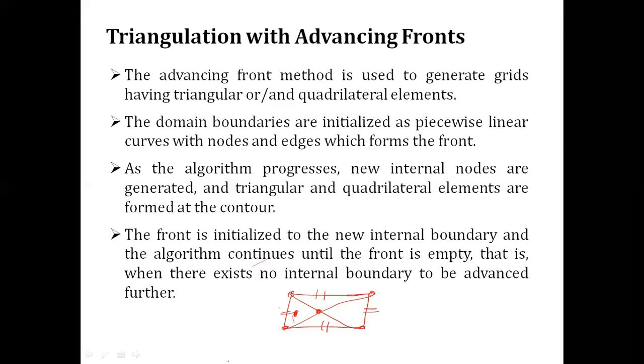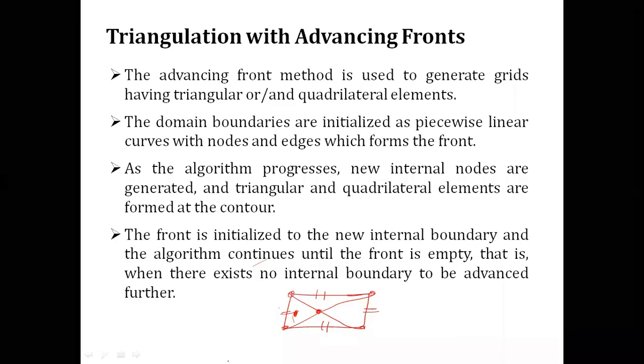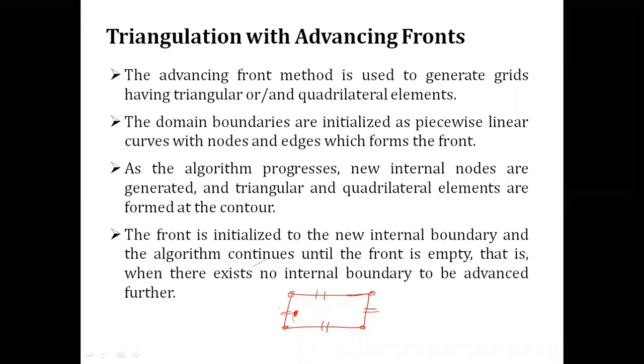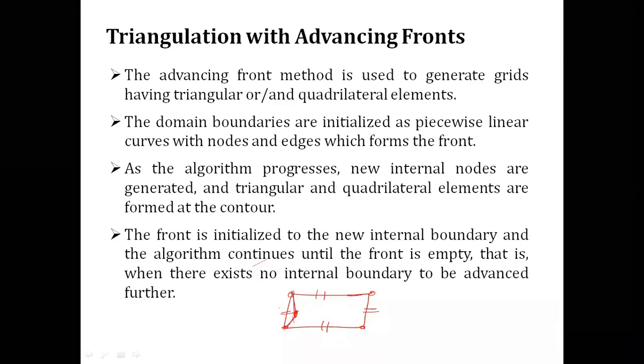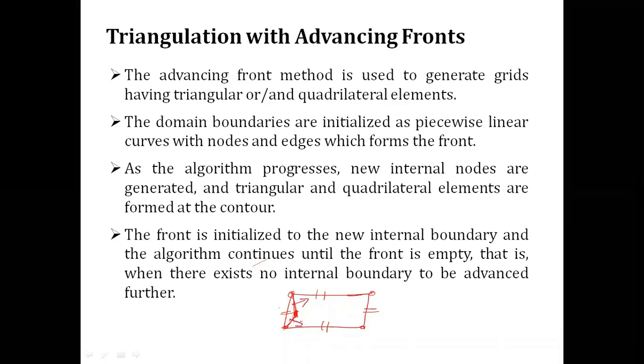So every time you start the process, you have a point, you join those points, and now what you have got is fronts. This is one front and this is another front. Edges are going to form your fronts.